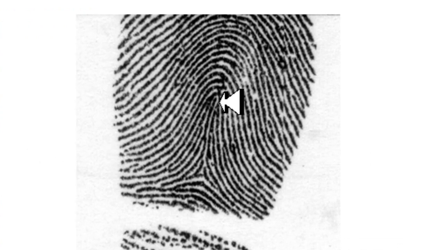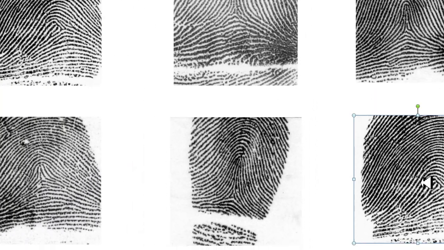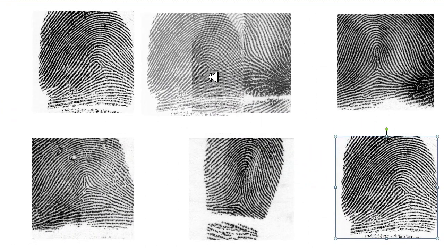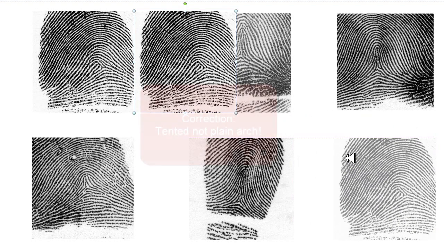And this one again is the camping tent, and if you look at this one, you can see I accidentally put it in twice, and hopefully even at this point you know that these two prints actually came from the same finger, and that was just a duplicate, and that is a plain arch.